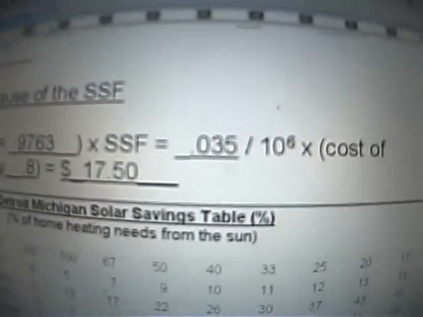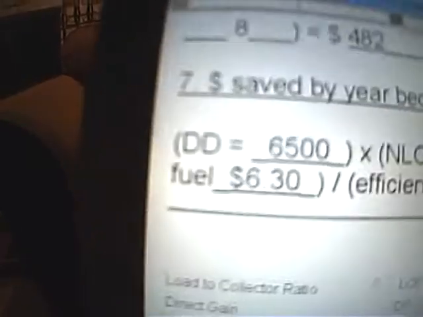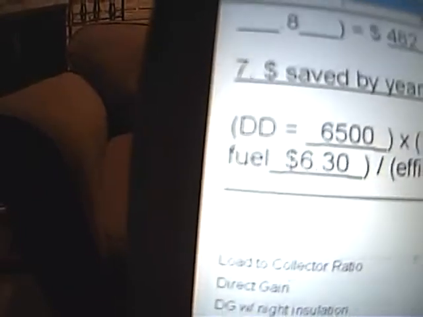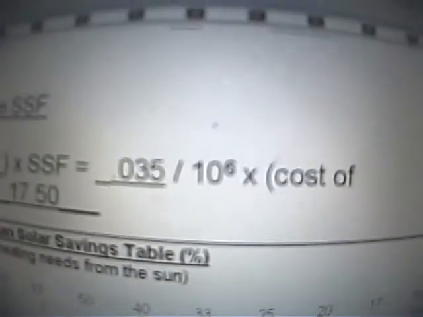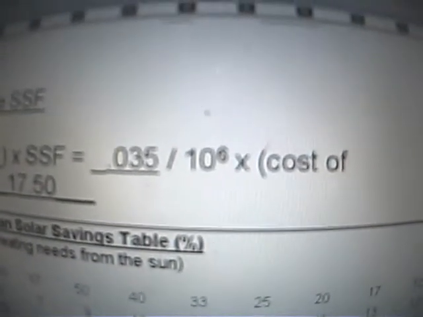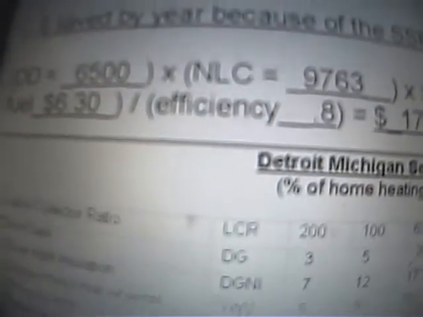We also have to take the cost of the fuel into account, right? So we multiply times $6.30, and you'll see how we divided there by a million to take into account that $6.30 per million, divided by the efficiency of the furnace, 0.8.